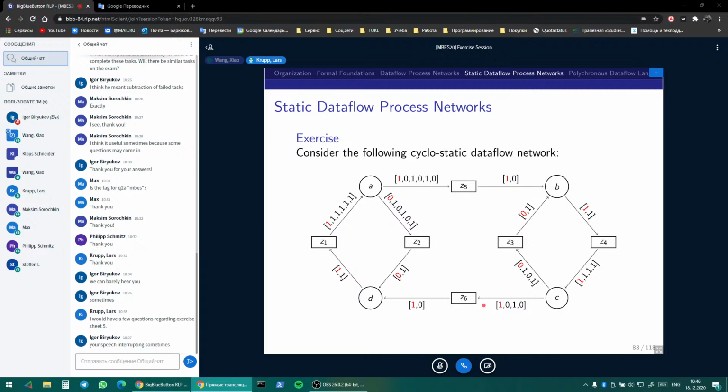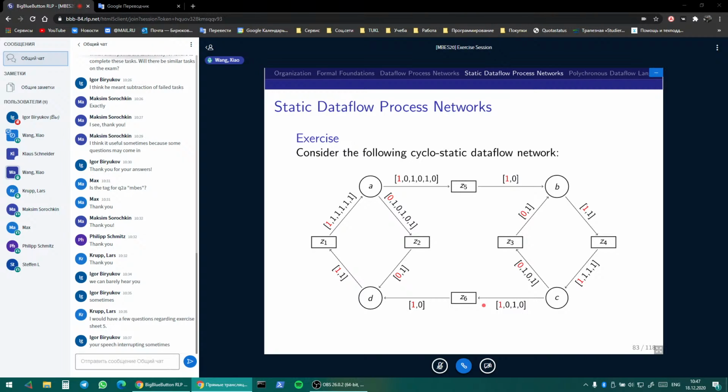No, then you understood something wrong. For A, it says that there are 6 firings in its cycle in one period. And in each firing, it consumes 1 from Z1, produces 0 to Z2 and 1 to Z5.